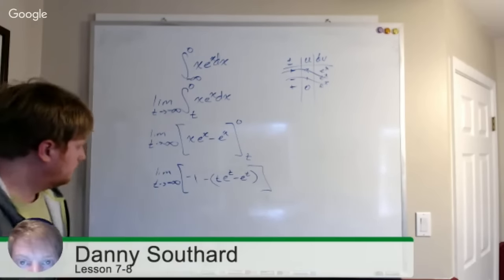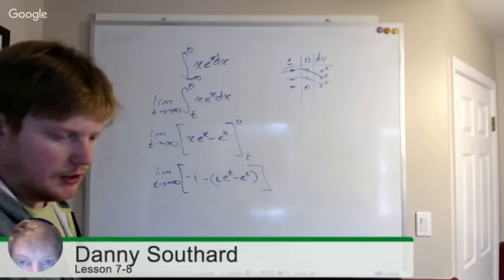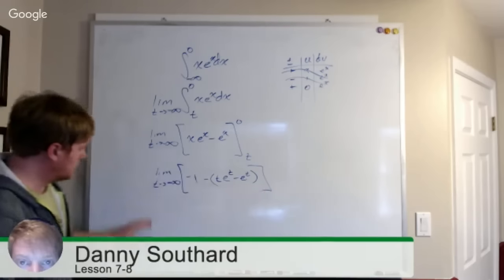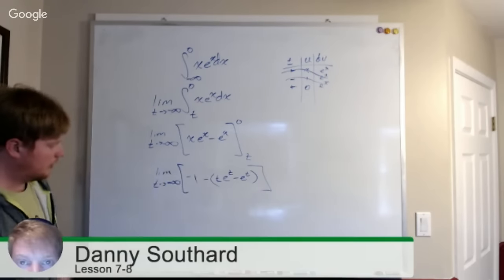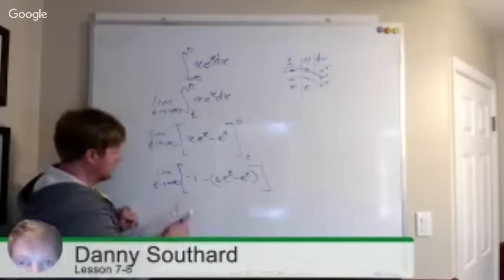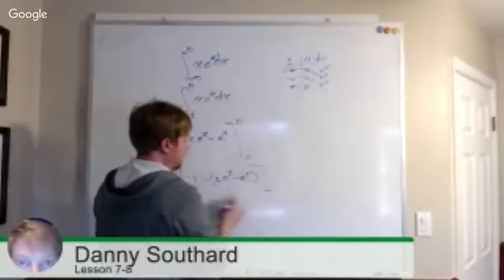All right. So now we just have to look at what happens to this expression as we take the limit of t going to negative infinity. Okay. So let's see. I'm going to rewrite this a little bit. How about I rewrite it over here?